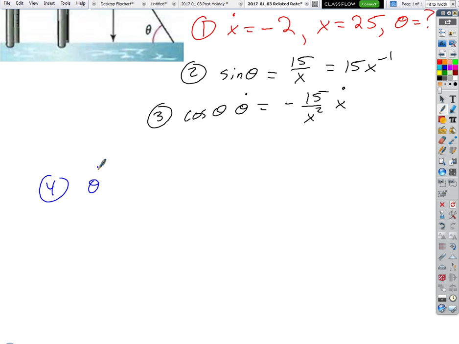So theta dot equals, I'm just going to divide each side by cosine, which means on the other side that's the same as multiplying by what? What's the reciprocal of cosine? Secant, right? So it's secant theta times that stuff.